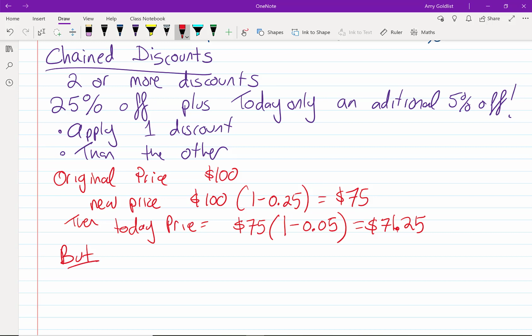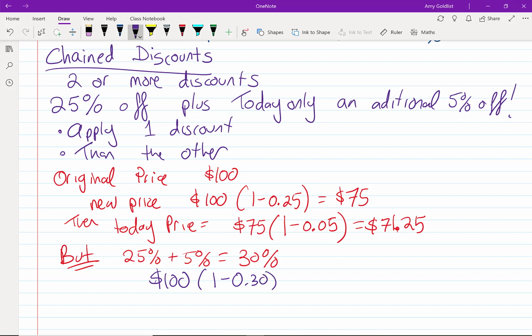But wait a second. 25% plus 5% equals 30%. $100 times 1 minus 30% is $70. So this is not the same.